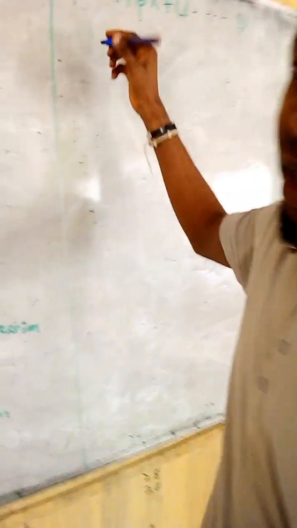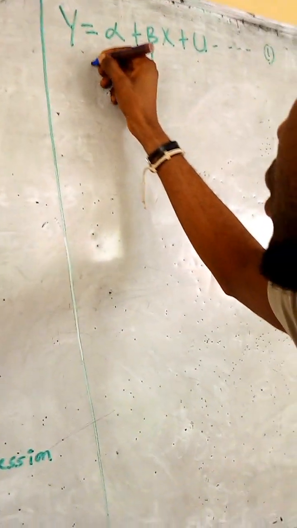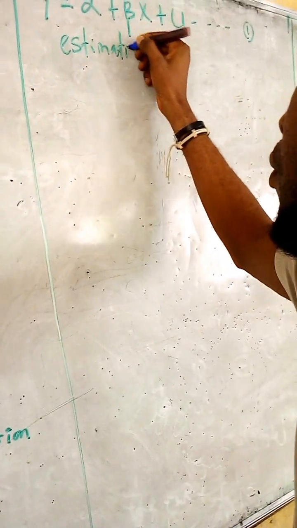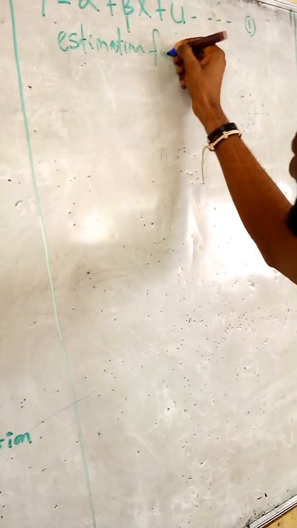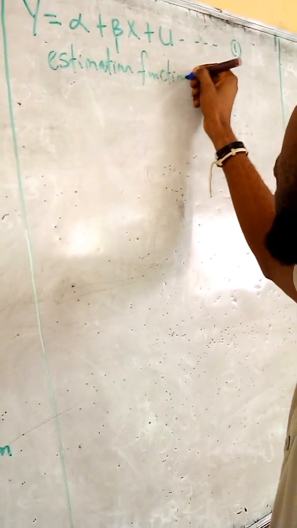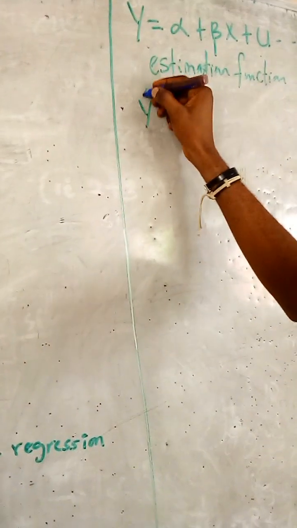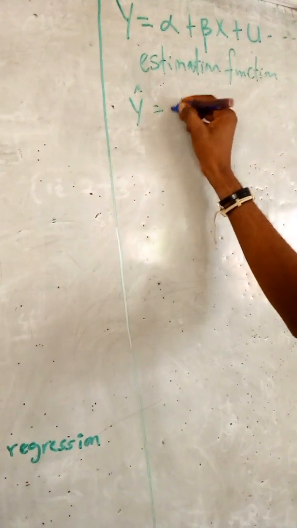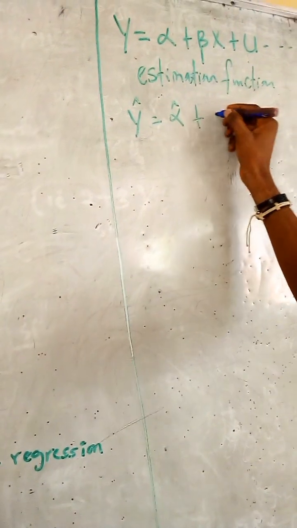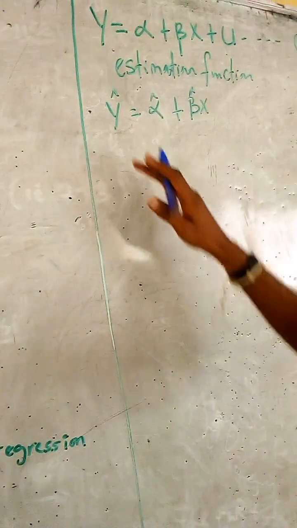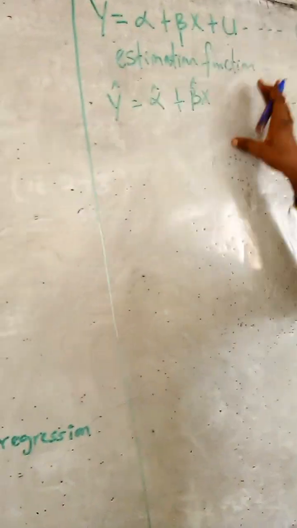So let me take it gradually. Write the estimation function. So the estimation function is y cap equals alpha cap plus beta cap x. So this is the estimated function we are using to solve this.